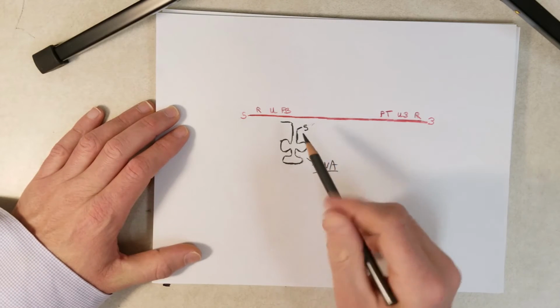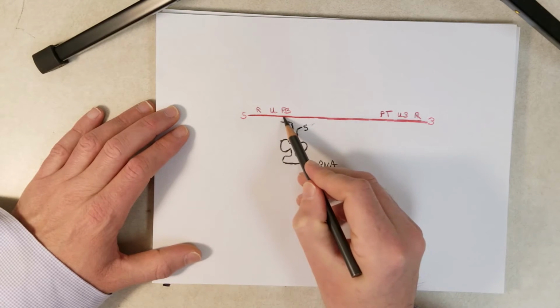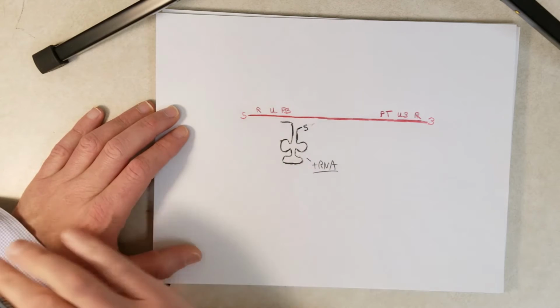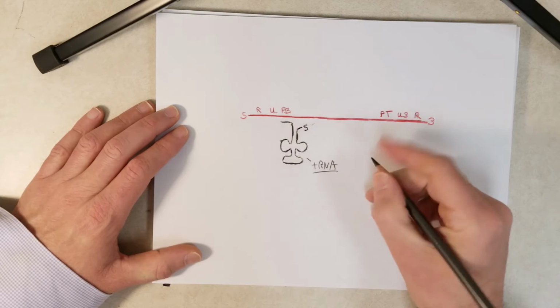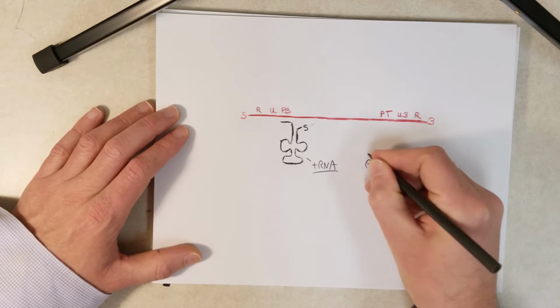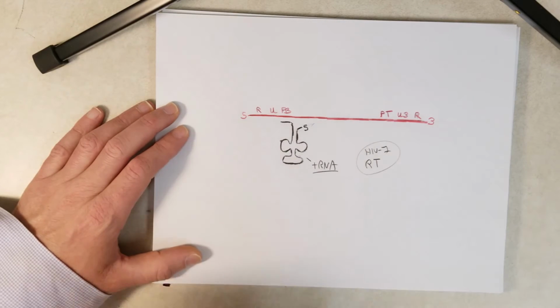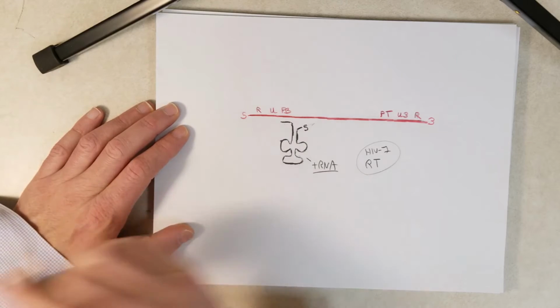And this transfer RNA, the 3' end of the transfer RNA, binds to the primer binding site. And it is the primer to start this reverse transcription process. And what is the reverse transcriptase that does this? It's the HIV-1 reverse transcriptase. So some of this reverse transcriptase is going to be in the virion with the RNA.